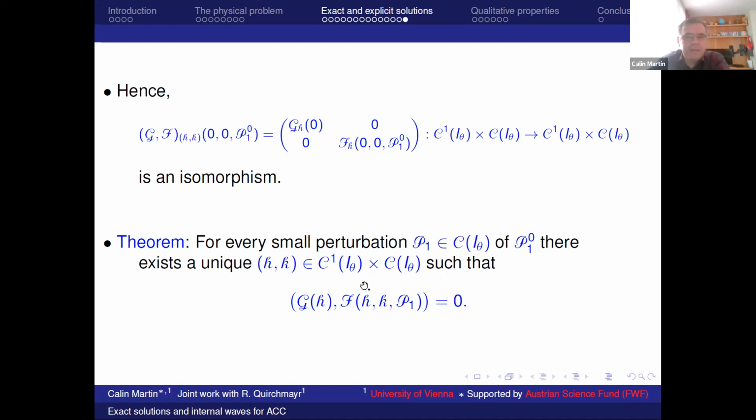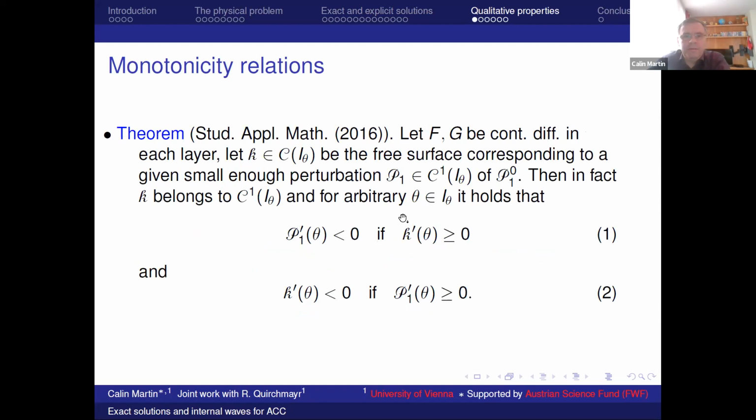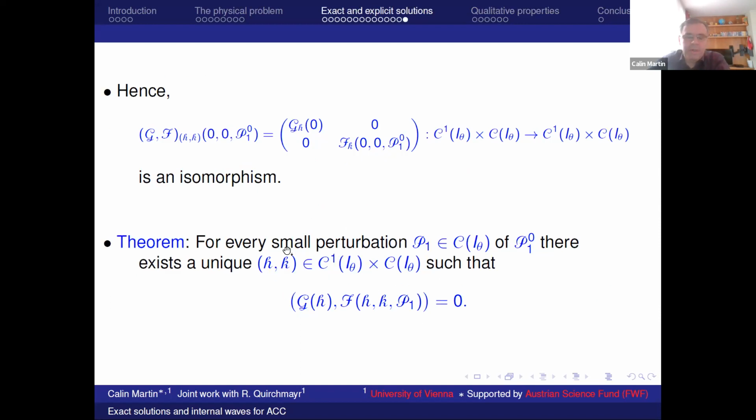That is, there is a unique interface and a unique free surface that satisfy our water wave problem. And well, this clearly cannot be determined explicitly in general, but they exhibit some properties that come in agreement with what is observed in reality.